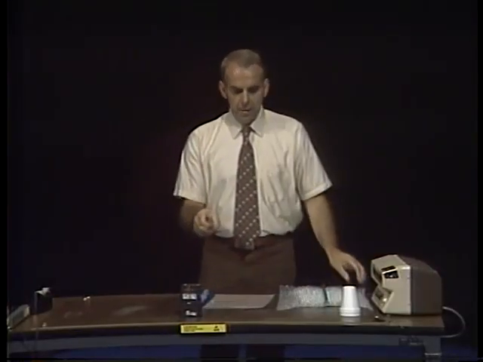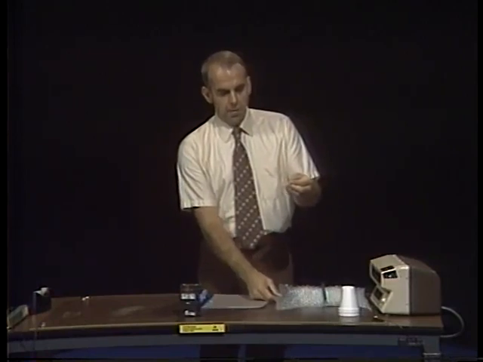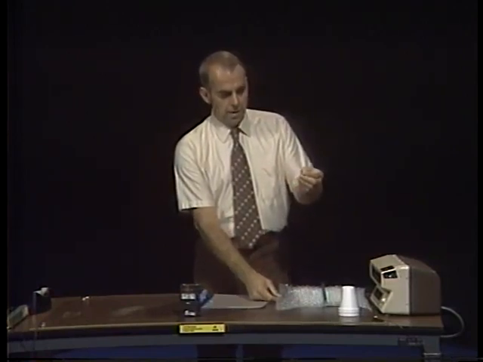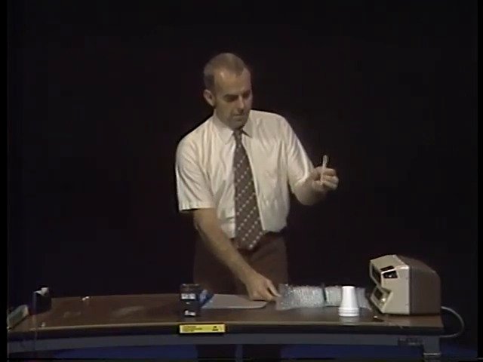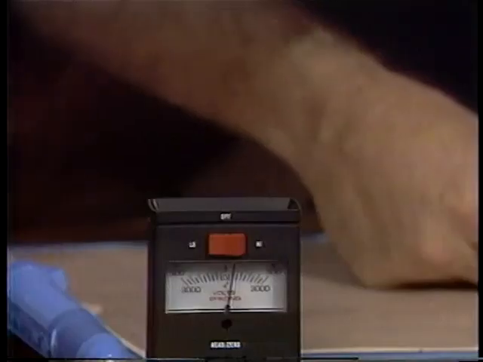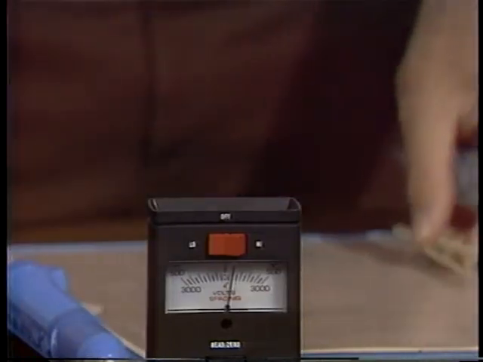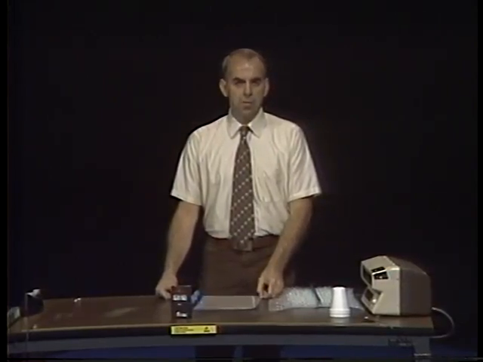Finally, insulating tools, such as these nylon tweezers, can become highly charged, particularly if they have previously been rubbed against some other material. So you can see that static charge is all around us on many of the common materials. Now, how does it get transferred to the components and assemblies?